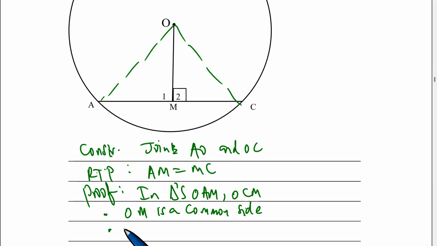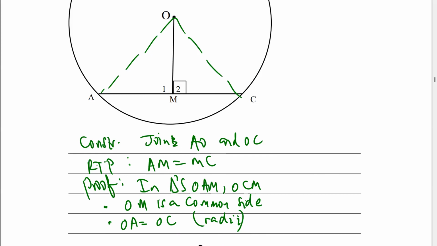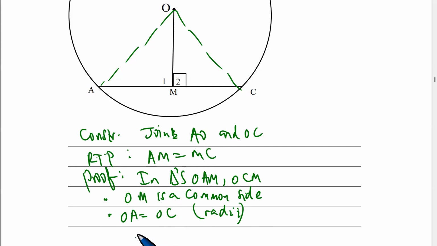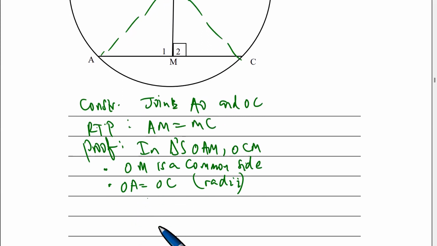But also, next point, we have OA is equal to OC. These are radii. So you have that M1 is equal to M2, which is 90 degrees. Why is M1 equal to M2 equals 90 degrees? This was just given that way.